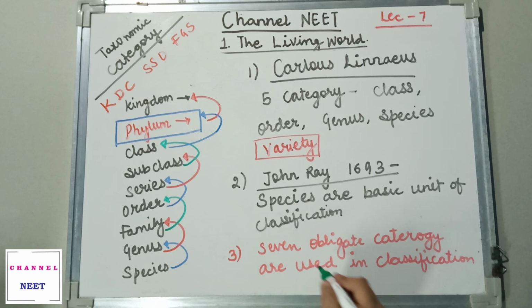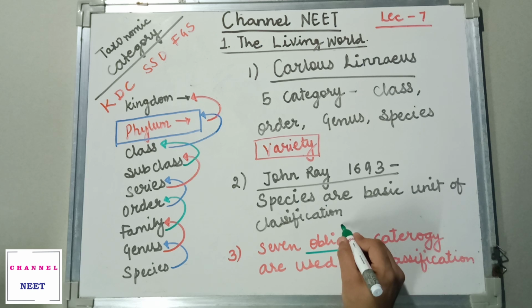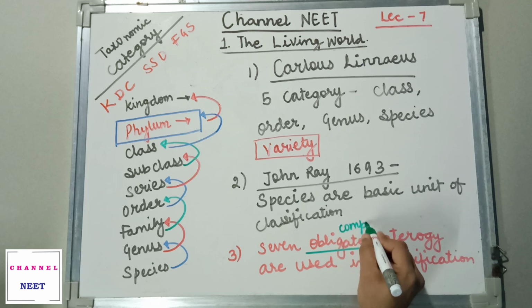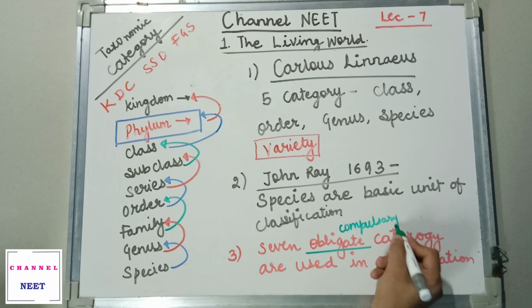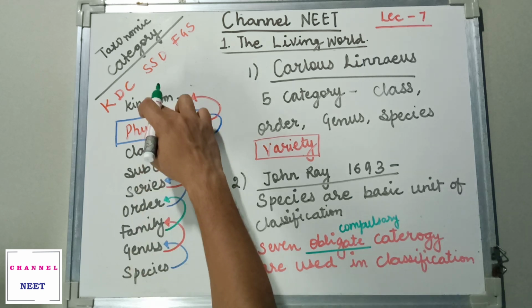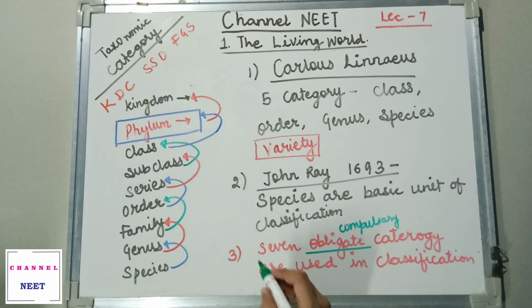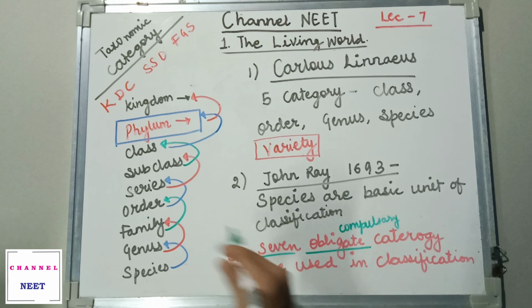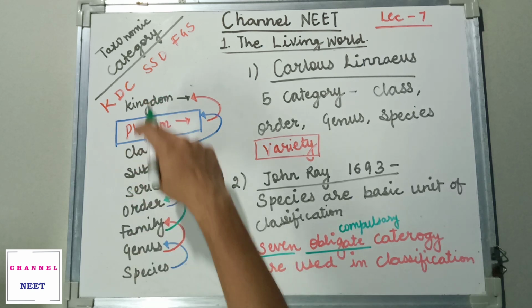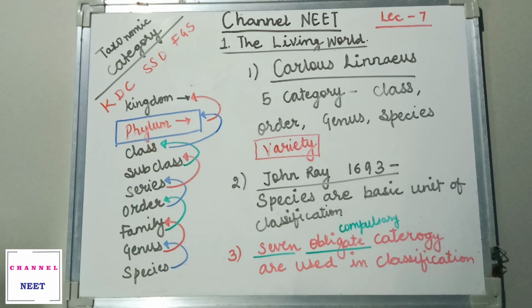For classifying anything you require 7 obligate categories. Obligate means you need to have it, it is compulsory. Out of these categories at least 7 are required. I will tell you what categories you require. You require species.